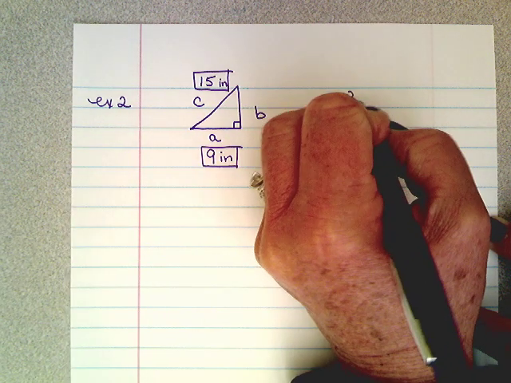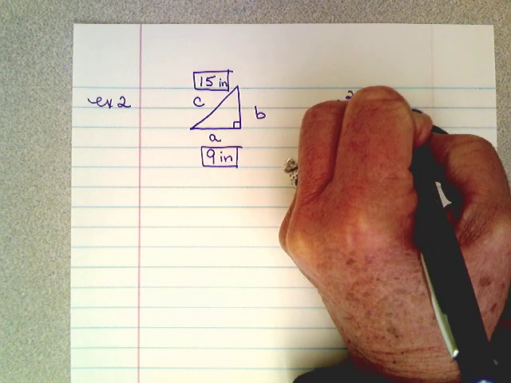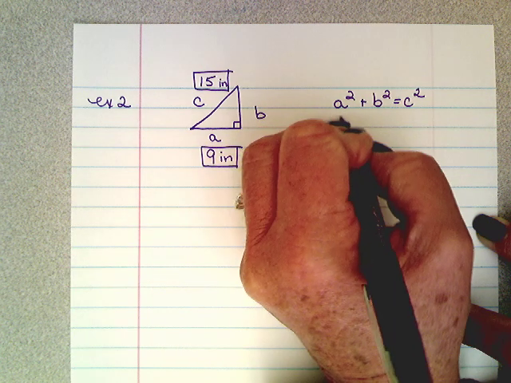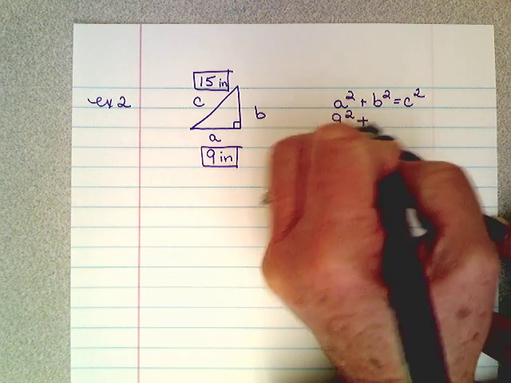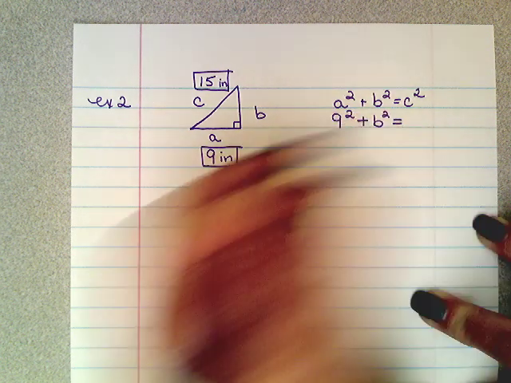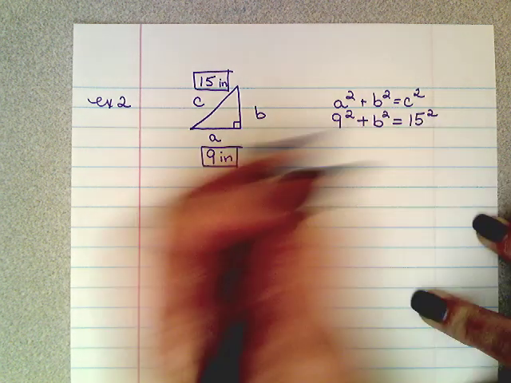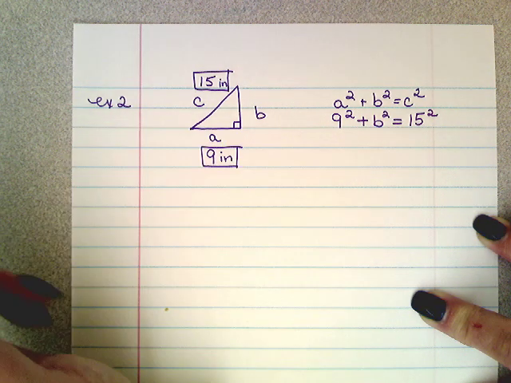So A squared plus B squared equals C squared. A squared is 9, so 9 squared plus B squared is equal to 15 squared. So I want to find B this time.